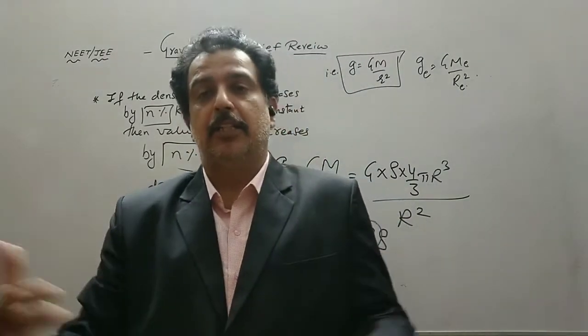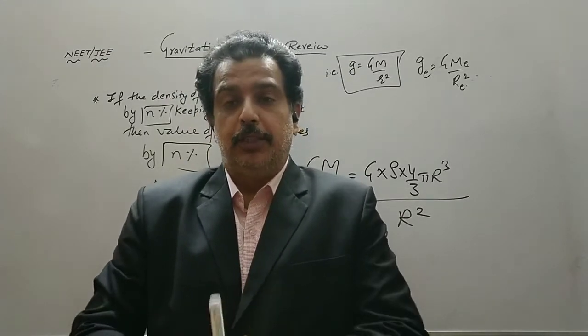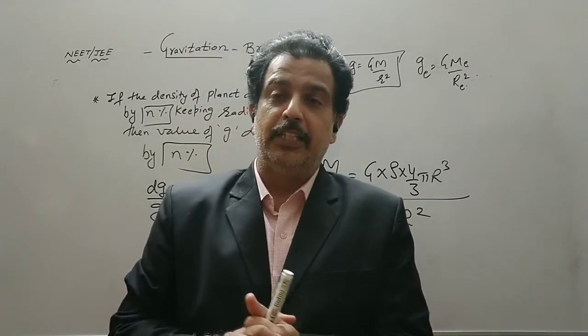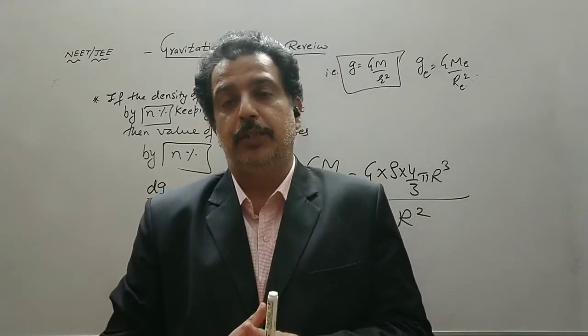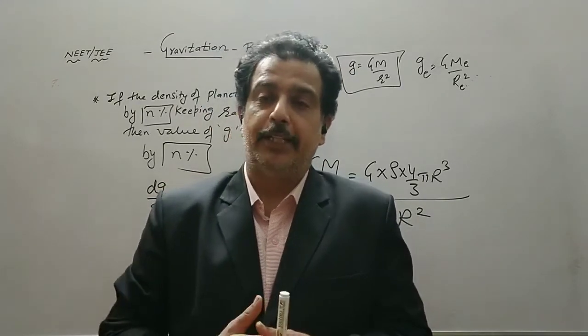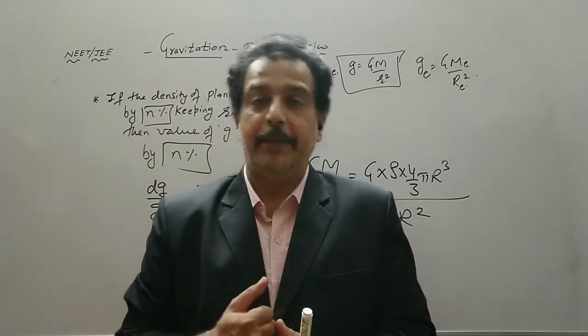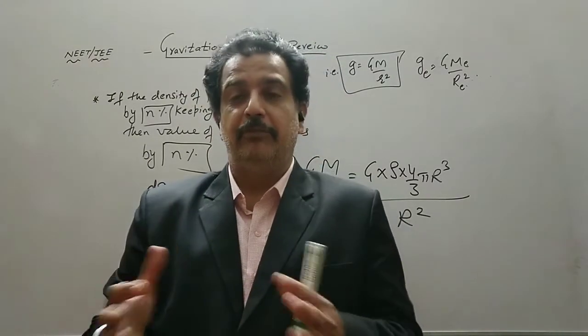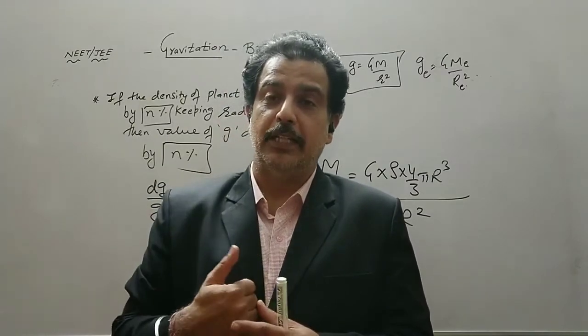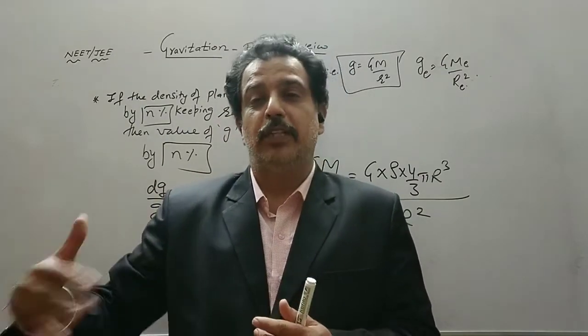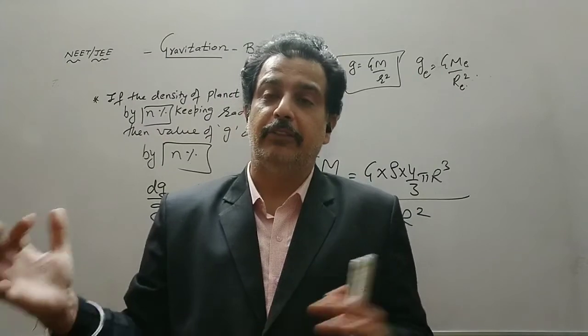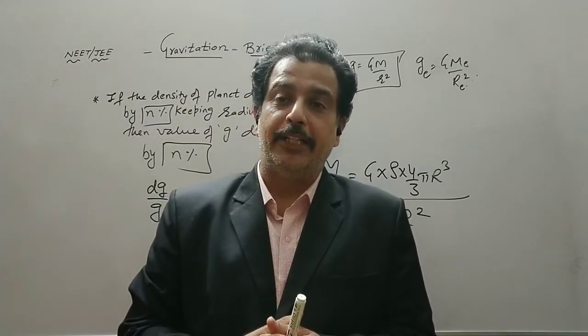In the next lecture, we will continue the variation of g with respect to latitude, altitude, and the depth. So the value of g we will see as we move away from the center of the earth. It will change with respect to height. That is called the variation in g due to altitude.